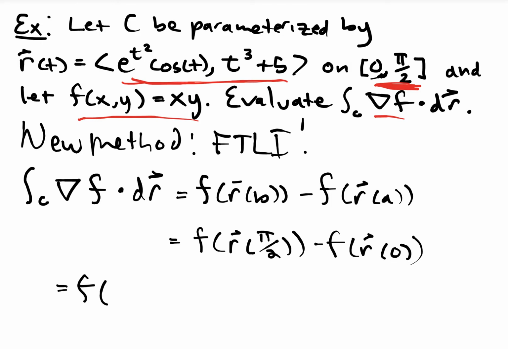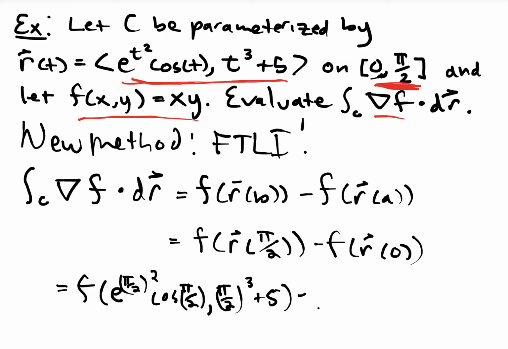Now, I'm going to break each of those down. If I plug in pi over 2 to r, this is e to the pi over 2 squared cosine of pi over 2, and then pi over 2 cubed plus 5.